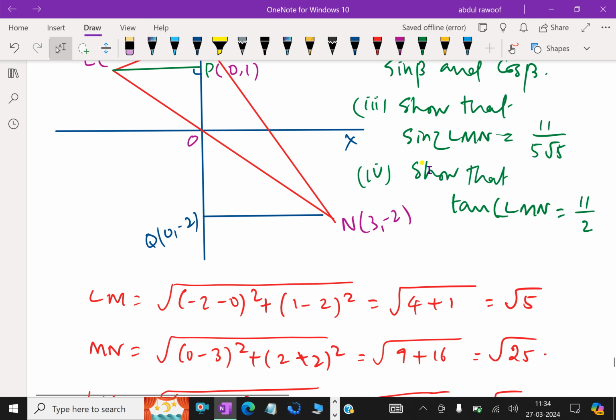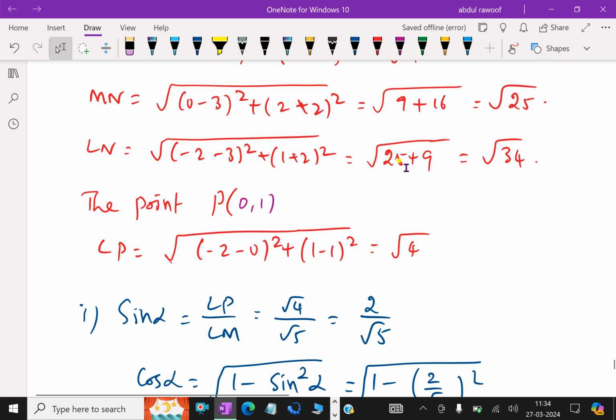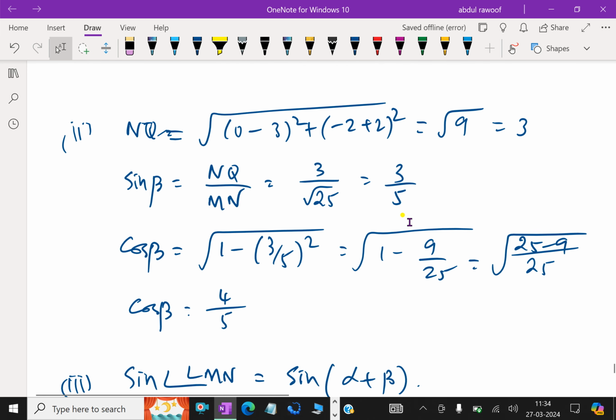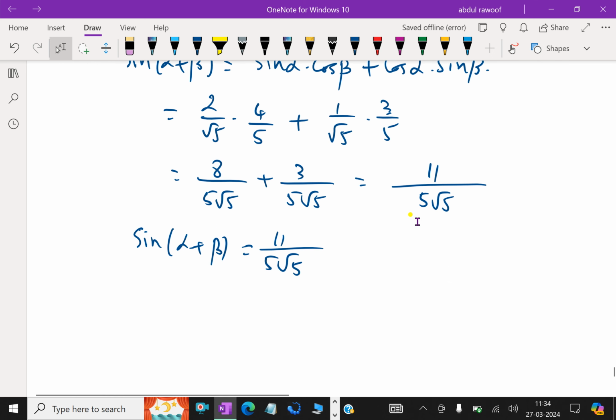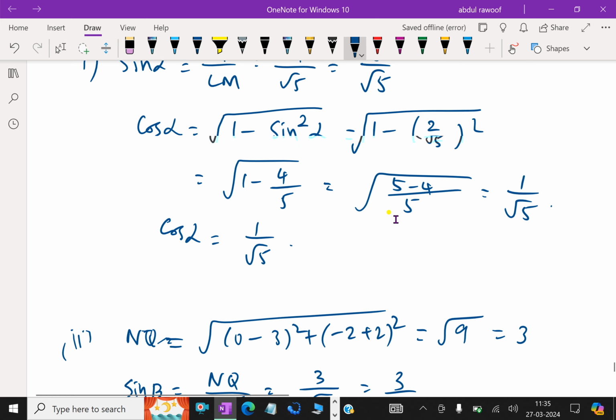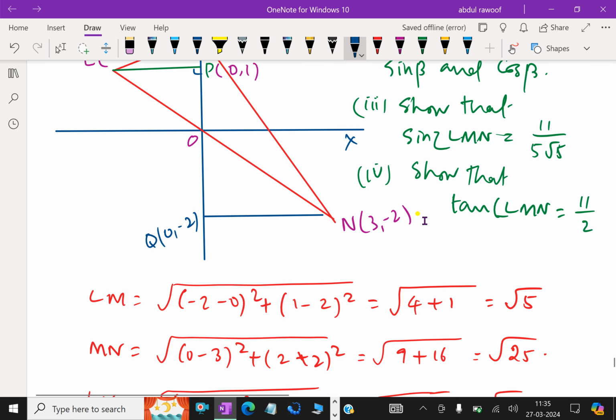That is sine LMN, equal to 11 over 5 root 5. Next one, show that tan LMN is 11 by 2.